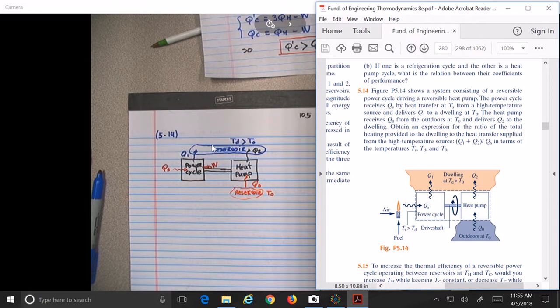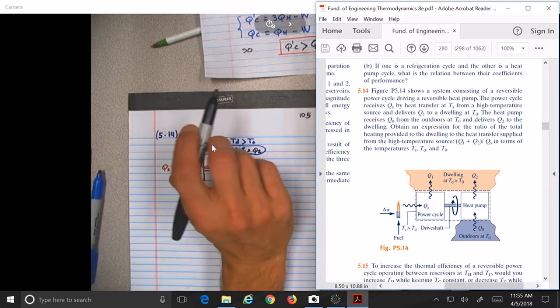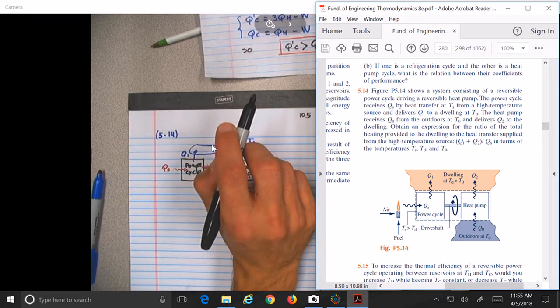Obtain an expression for the ratio of the total heating provided to the dwelling to the heat transfer supply from the high temperature source. Okay, so is that expression there, Q1 plus Q2?